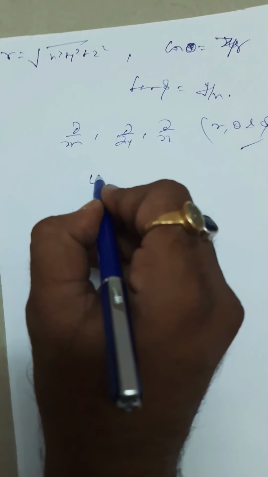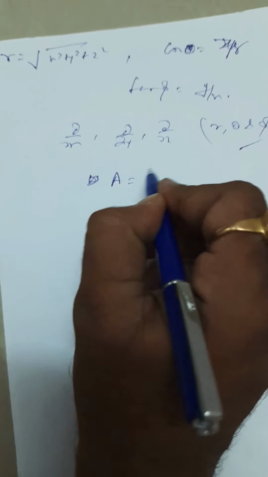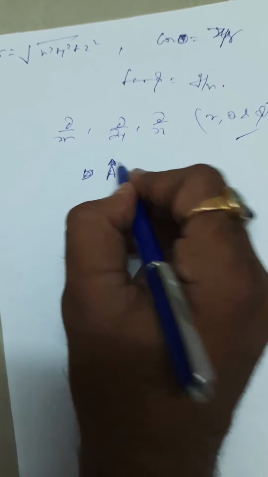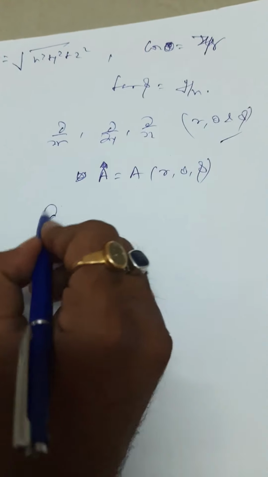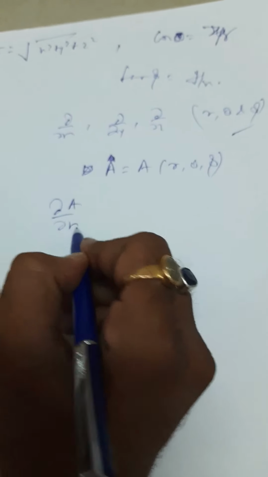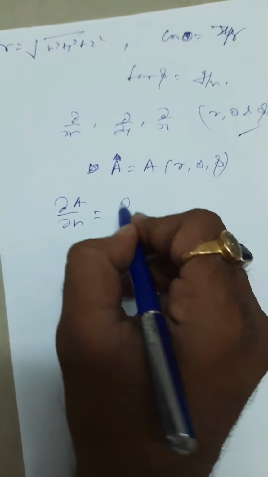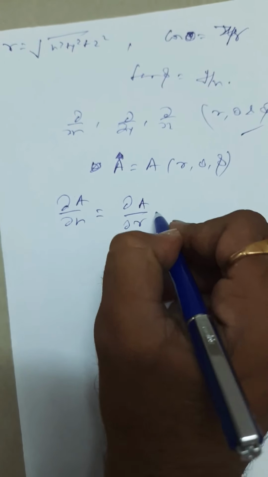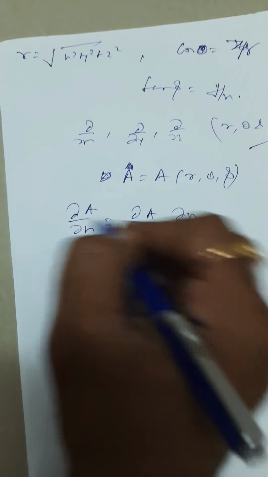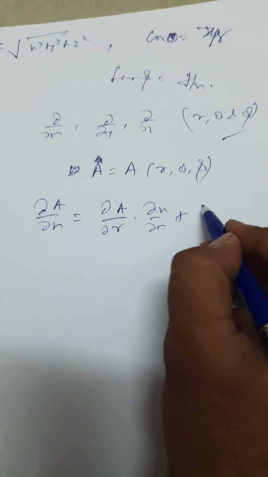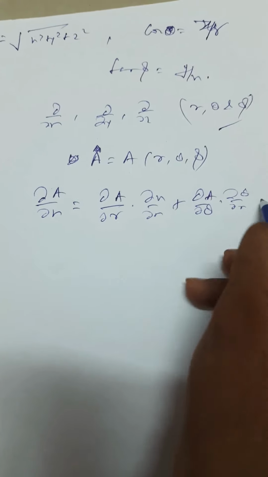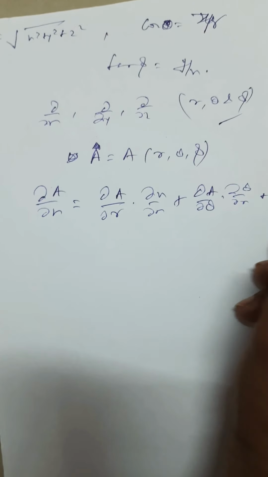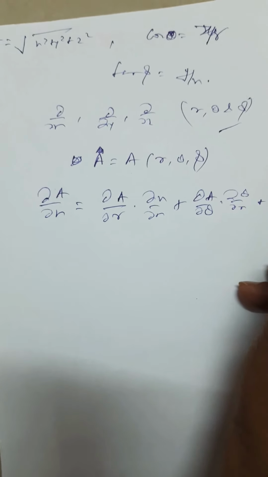So we'll consider a function, say a, as a function of r, theta, phi. Now del a by del x equals del a by del r into del r by del x, again del a by del theta into del theta by del x plus del a by del phi into del phi by del x.